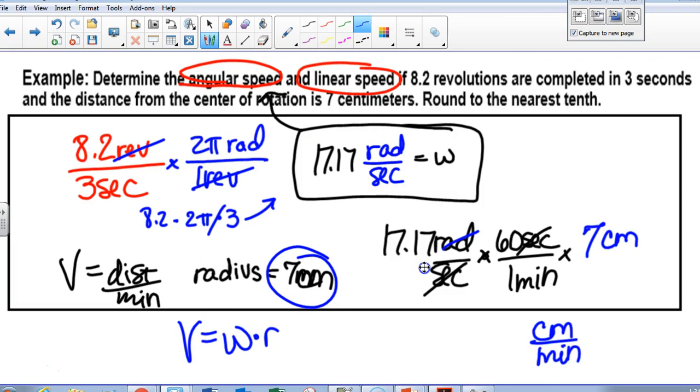Oh, they left it in seconds. That was really nice of me to change it to minutes, but your paper didn't change it to minutes. Okay. So what they did is they left this out, and they just did that times 7. And 17.17 times 7 is the 120.2 centimeters per second.